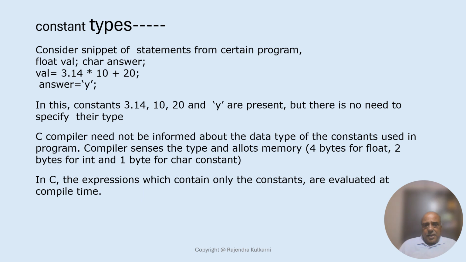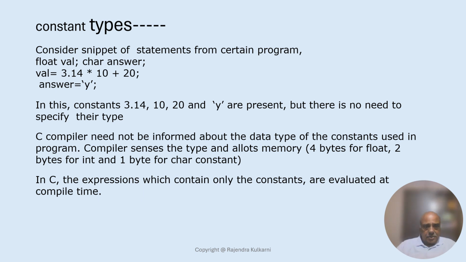When a program or a statement contains only constants, then that expression is evaluated at compile time. It is not necessary to evaluate it at run time. The C compiler does it at compile time and not at run time.